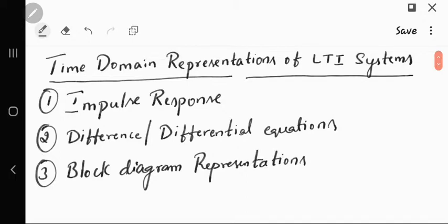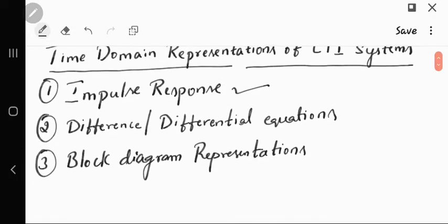So these are the three methods. Here we will be discussing only impulse response as far as the syllabus is concerned.